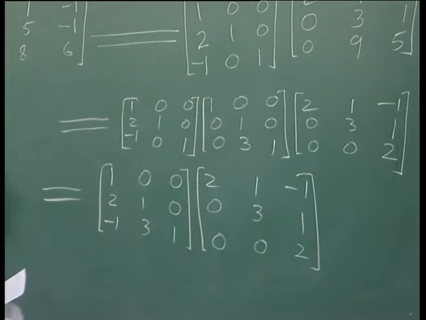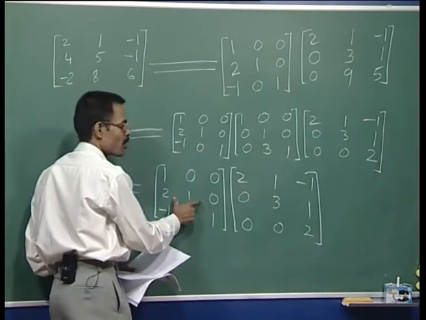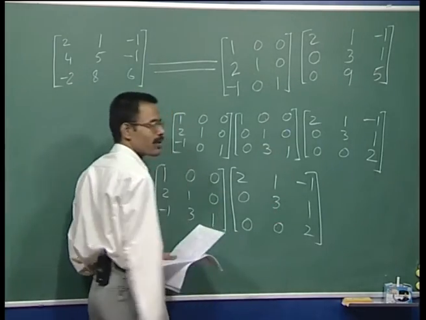Okay. So, this is the decomposition of the original matrix into two parts, two factors, one is lower triangular and the other is upper triangular, right.